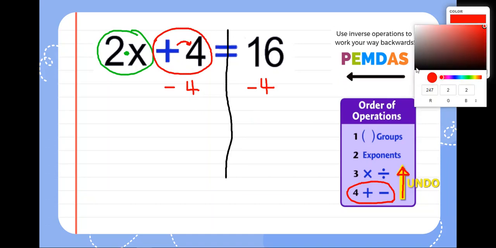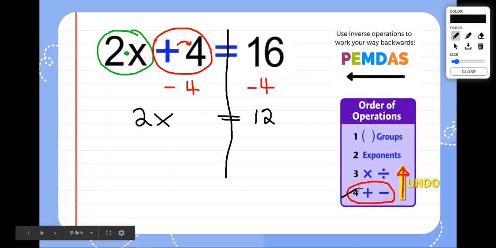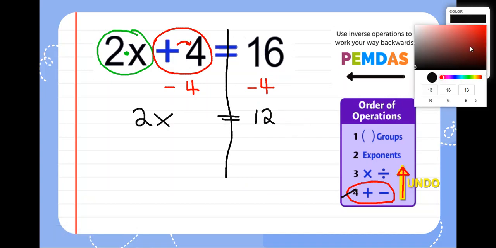So now, when I simplify, all that's left on this side is 2x, or 2 times x, plus 0, which we don't write, is equal to 16 minus 4, which is 12. Outstanding. So now we've done our first step of our inverse PEMDAS, or reverse order of operations.